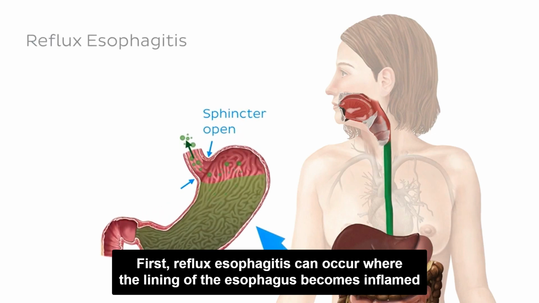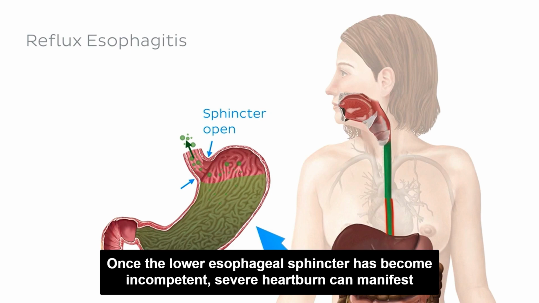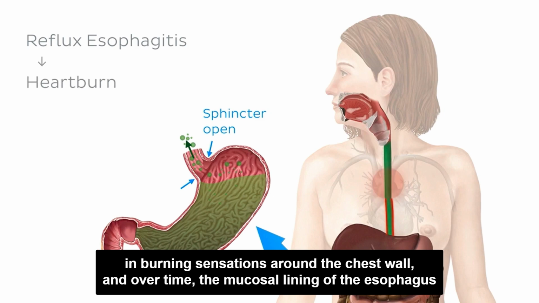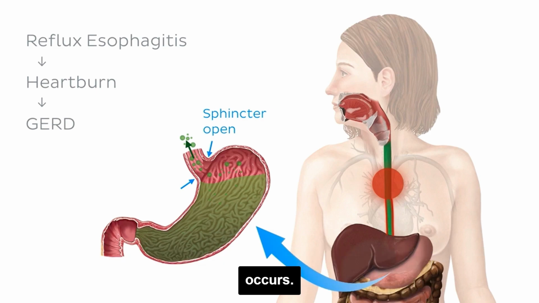First, reflux esophagitis can occur, where the lining of the esophagus becomes inflamed due to acid reflux from the stomach. Once the lower esophageal sphincter has become incompetent, severe heartburn can manifest in burning sensations around the chest wall, and over time, the mucosal lining of the esophagus begins to break down and gastroesophageal reflux disease, commonly abbreviated to GERD, occurs.